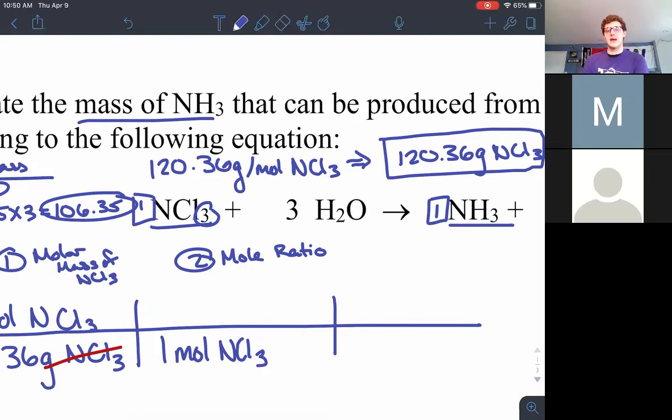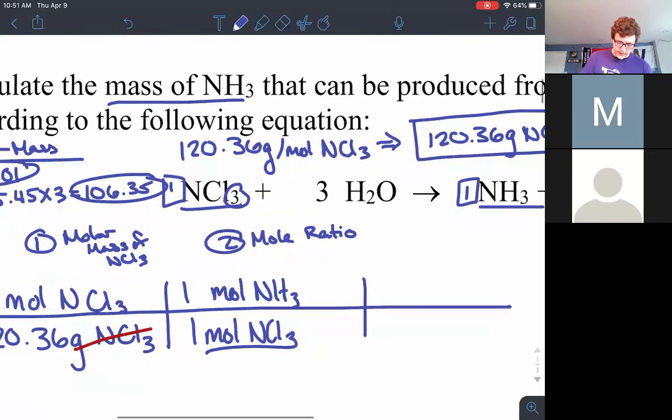This is step 2, which means we're using the mole ratio. So if we're using 1 mole of NCl3 on the bottom, what number of moles of what compound are we going to use on the top? We use the NCl3 at the bottom, which means NH3. How many moles was that again? 1. Perfect. All right, those units of NCl3 have canceled, and now we're in moles of NH3.